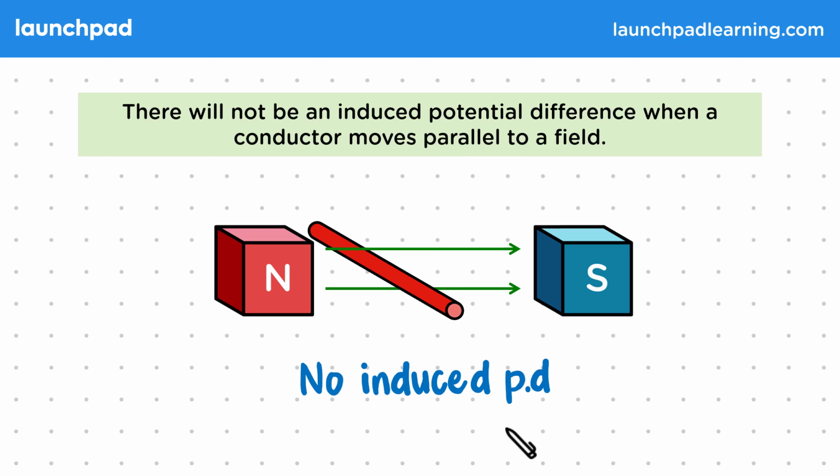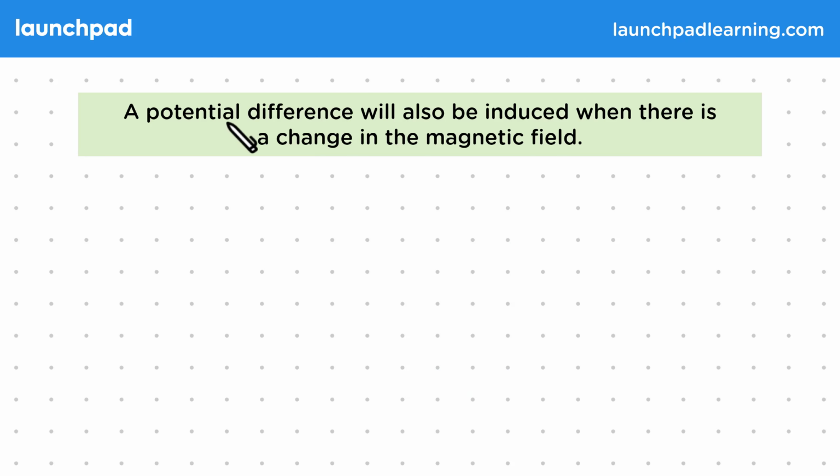Now there's one more way we can induce a potential difference, one that doesn't involve any motion. A potential difference will also be induced when there is a change in the magnetic field. So this way of inducing a potential difference is less common, but it's still something you could be asked about in your exam.